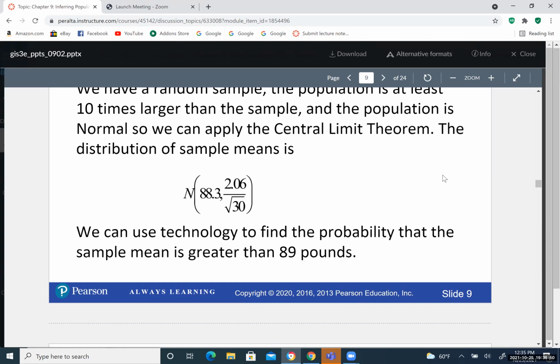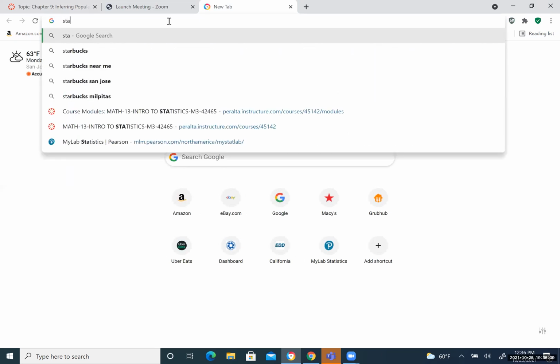Okay, I'm going to run StatCrunch real quick to see what happens. First, you can compute by hand: 2.06 divided by the square root of 30. Then I will run it. I will log in to StatCrunch right now for you to see it, to find the probability, because they don't give you the answers.